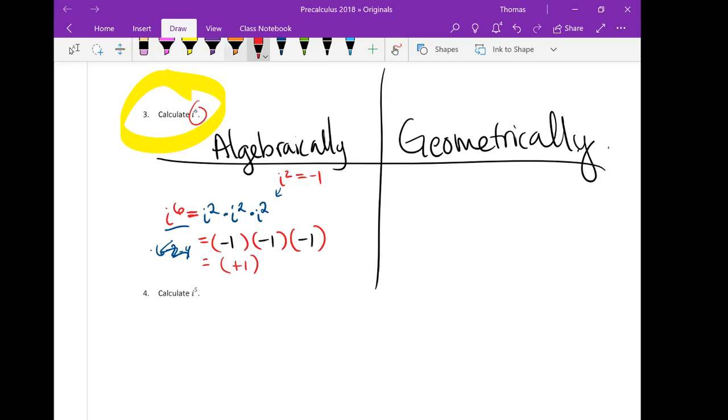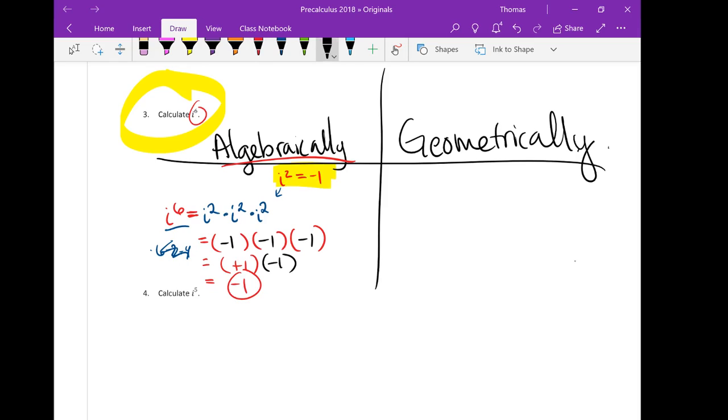And then one more -1 on there. -1 times a +1 would give us a -1. So we've just shown algebraically, that is with equations and symbols, that i to the 6th should be equal to -1, using our key fact that i squared equals -1.